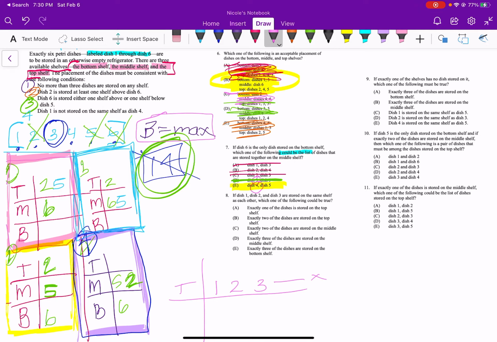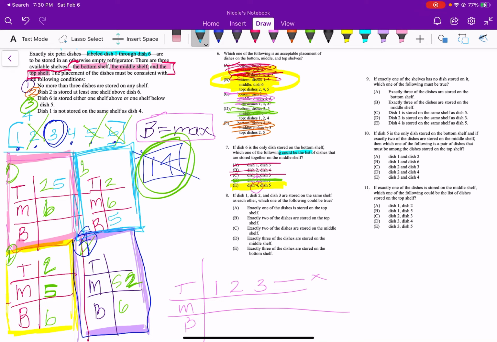So we have top, middle, bottom. And so we also know that whenever 2's in the top shelf, oh, I think I messed up one of my rolls. I meant to just draw 5 below here. Sorry about that.